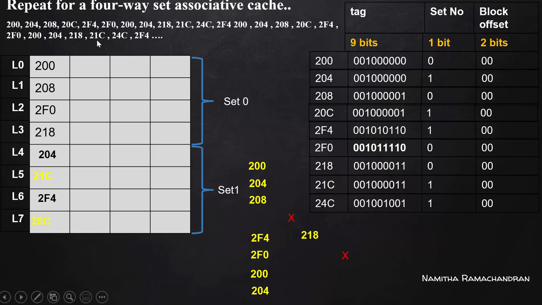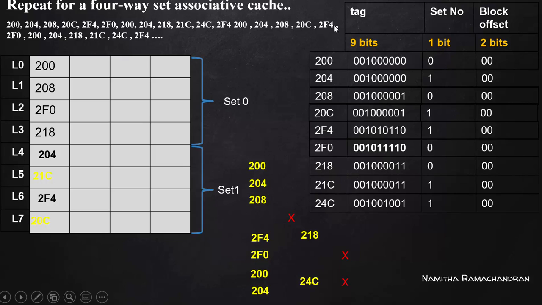So after 21C, next is 24C. As 24C is needed, we need a space here in set number 1. 24C is not present, so again a cache miss. So again follow the least recently used replacement algorithm for making room for this 24C. From this position, consider each and every address in backward direction and identify the least recently used one. 21C is used recently. 204 is used recently.